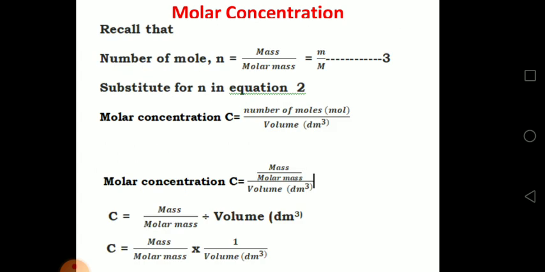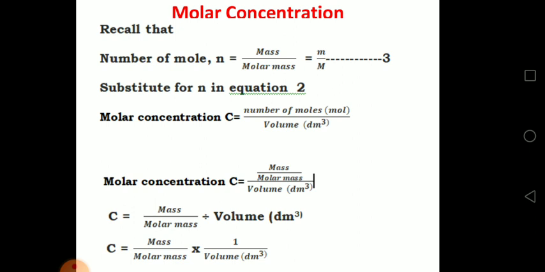Okay, now I want you to recall that number of mole is the same as mass over molar mass. So I'm going to keep this as formula 3 because we might need this in calculation. Now, if you substitute for n, which is our number of mole, in equation 2, my equation 2 is number of mole all over volume, which is the molar concentration.